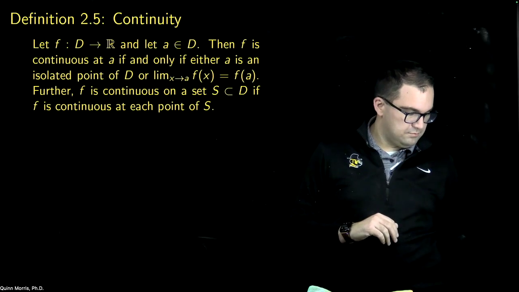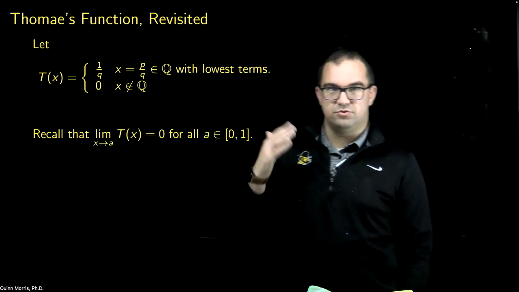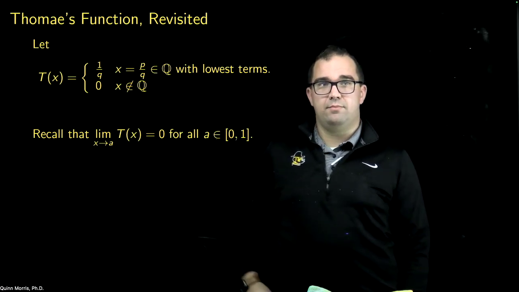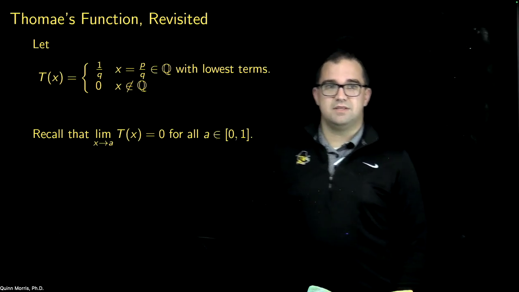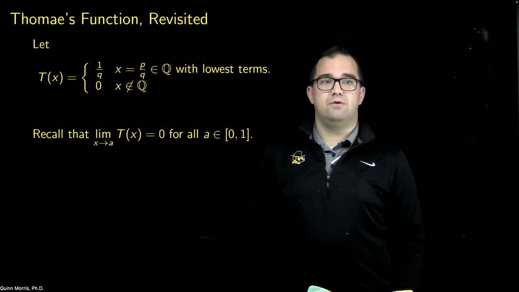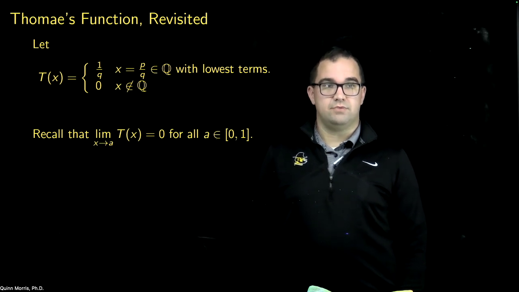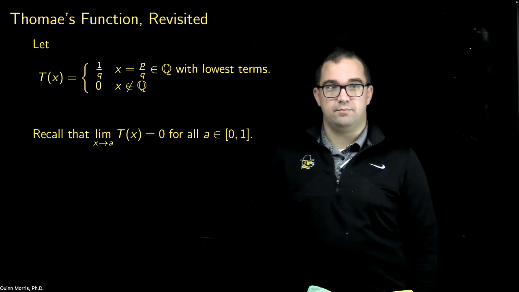All right. To just give one more example of continuity here, now using this terminology, let's think about Thomae's function, which we had looked at last time. So last time we looked at this function t of x, which returns 1 over q if x is a rational number expressed in lowest terms, and it returns 0 if x is an irrational number.